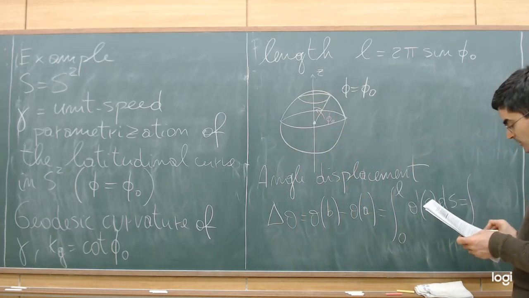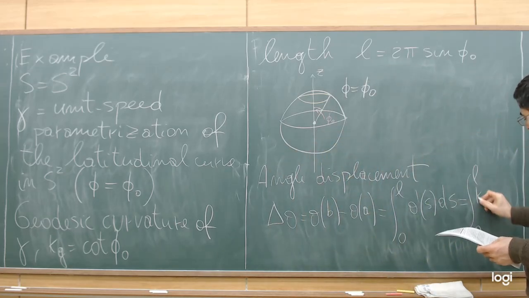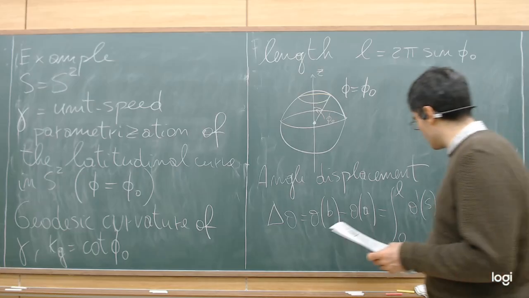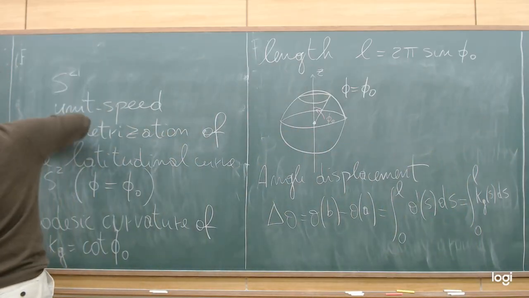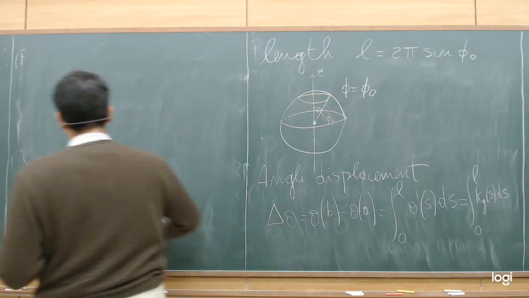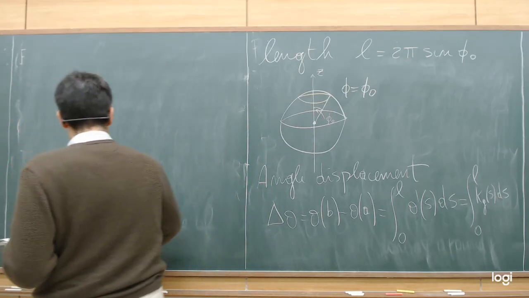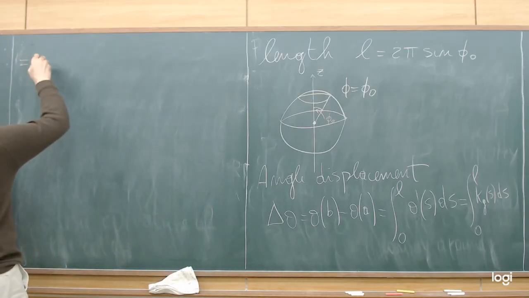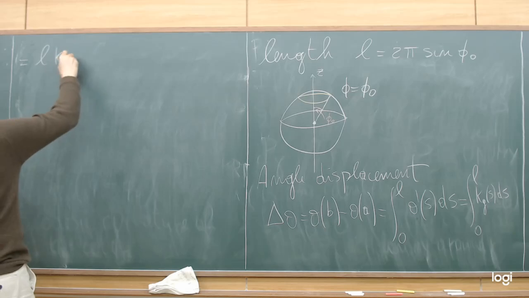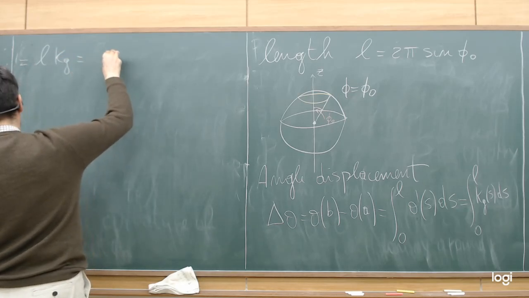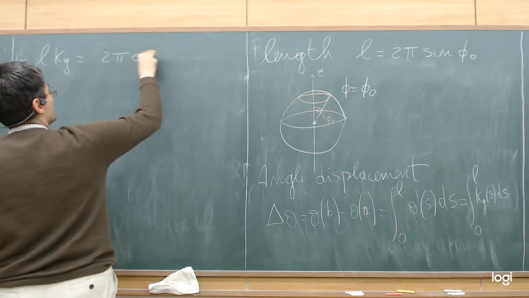So this is the integral from 0 to L of kg s ds. The value of this integral is given by L times kg, that is 2 pi cosinus of phi 0.